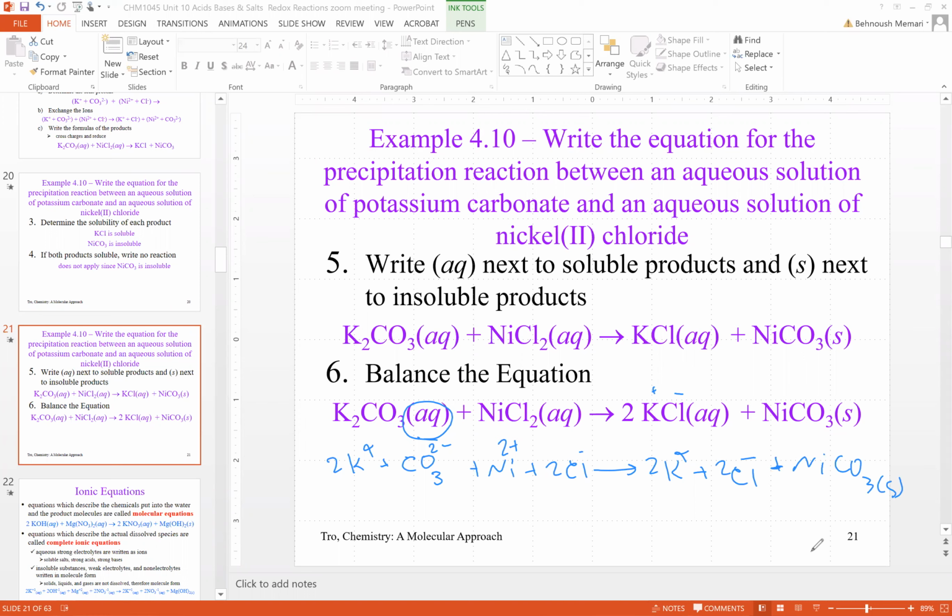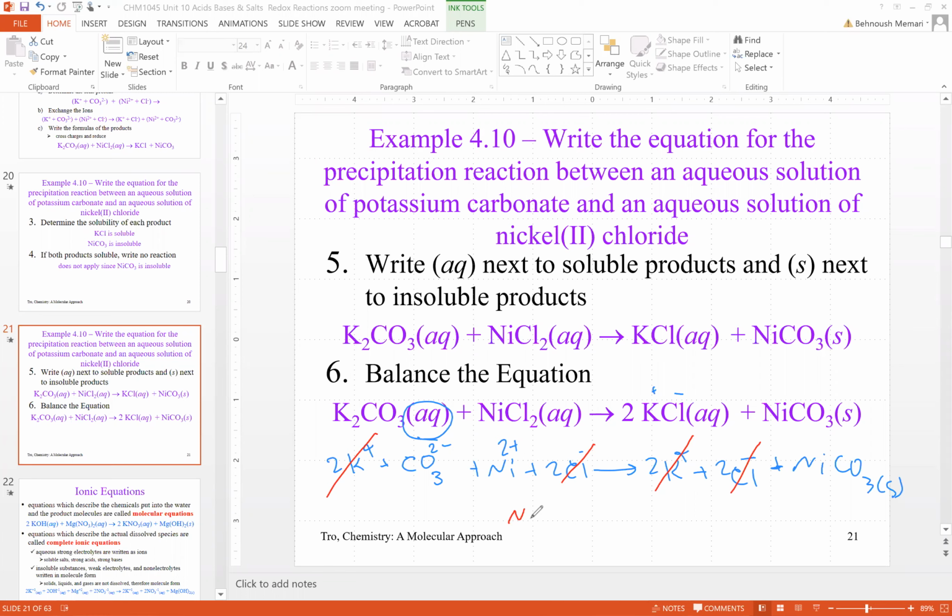Now, if you cancel the spectator ions, which is the 2 potassium from both sides of the equation, they are identical, and 2 chloride, what is left is known as the net ionic equation. So from the complete ionic equation, we can cancel the spectator ions, and we go to the net ionic equation.